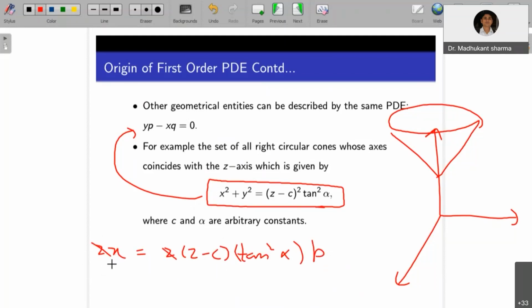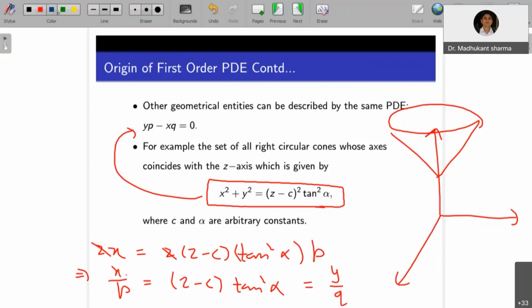This implies x by p is equal to (z minus c) tan square alpha. Similarly, you can differentiate partially with respect to y, and this gives y by q. So now x by p equals y by q will lead to this equation.